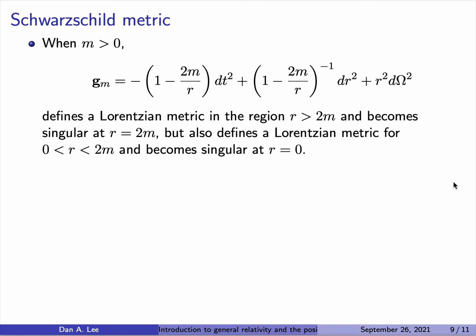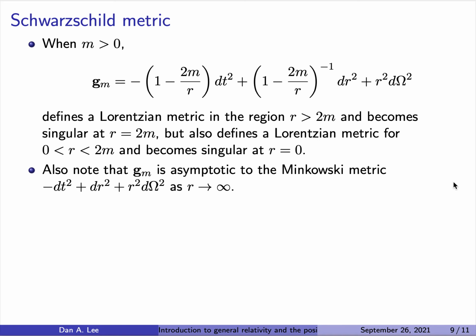But otherwise, it's a perfectly good Lorentzian metric. Also note that this Schwarzschild metric is asymptotic to the Minkowski metric as r goes to infinity. As r goes to infinity, 1 minus 2m over r approaches 1. And so this metric, minus dt squared plus dr squared plus r squared d omega squared, is just the Minkowski metric written in spherical coordinates.